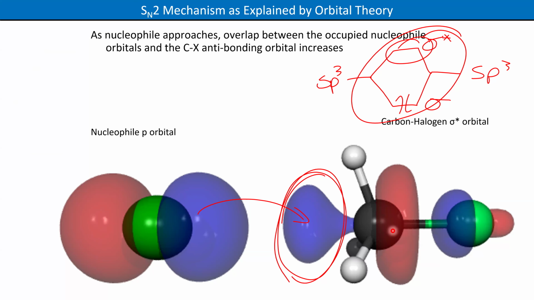Because you're putting electron density into constructive overlap here, you get destructive interference happening here. So this bond gets weaker at the same time this bond gets stronger.